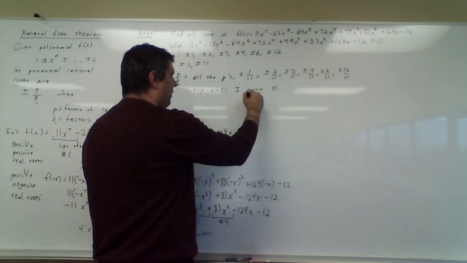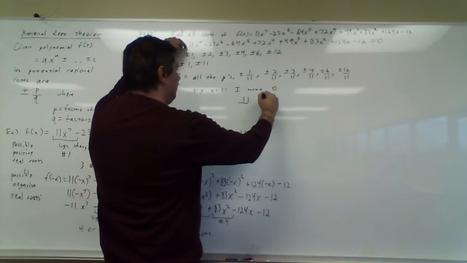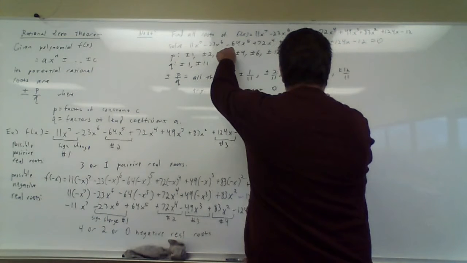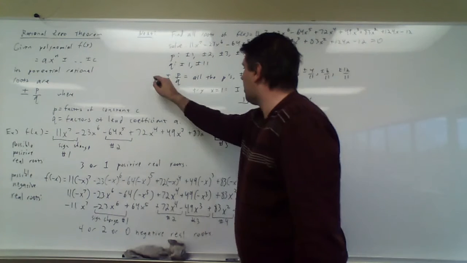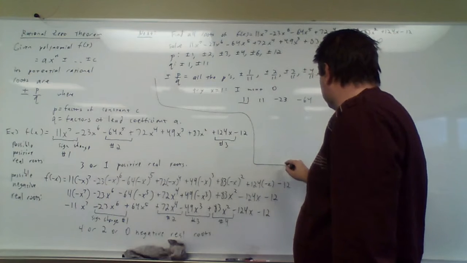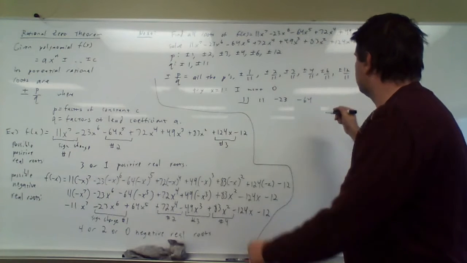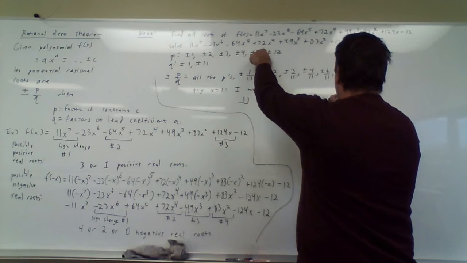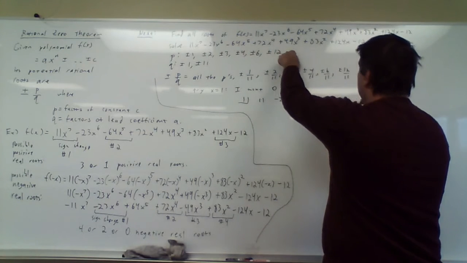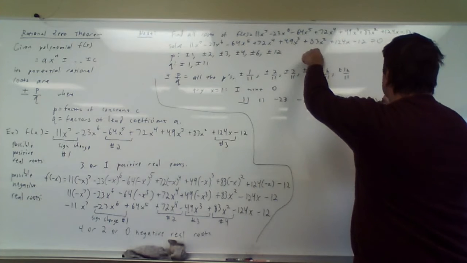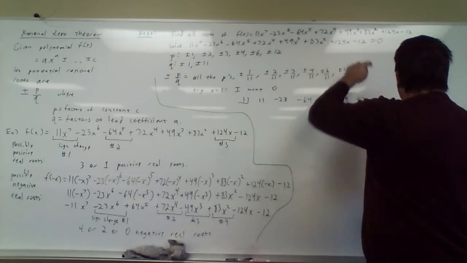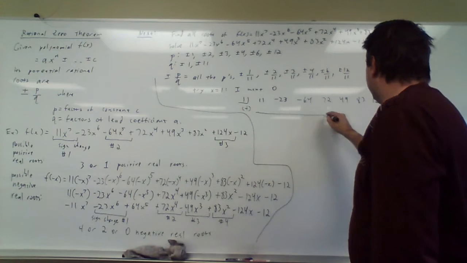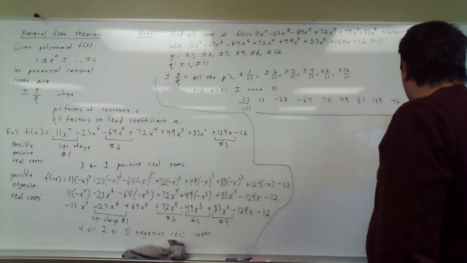So we'll have 1 in the box, and we're going to have 11, negative 23, negative 64, 72, 49, 83, 124, and negative 12, plus an empty row, and I want 0.